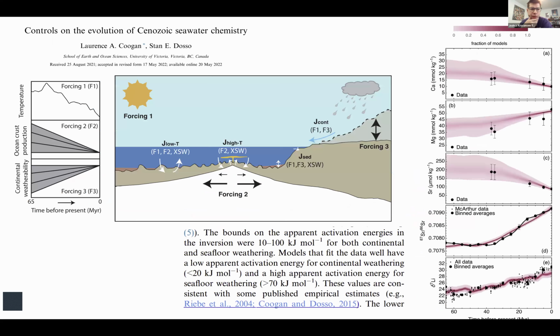And there have been some other papers too. This Coogan and Dosso paper is also a fit over the last 60 million years to various isotopic proxies, allowing the temperature dependence of continental and seafloor weathering to be free parameters, and also found a very weak continental thermostat.